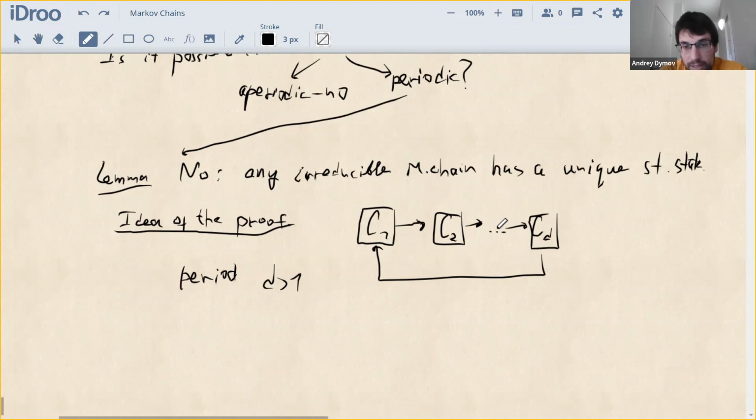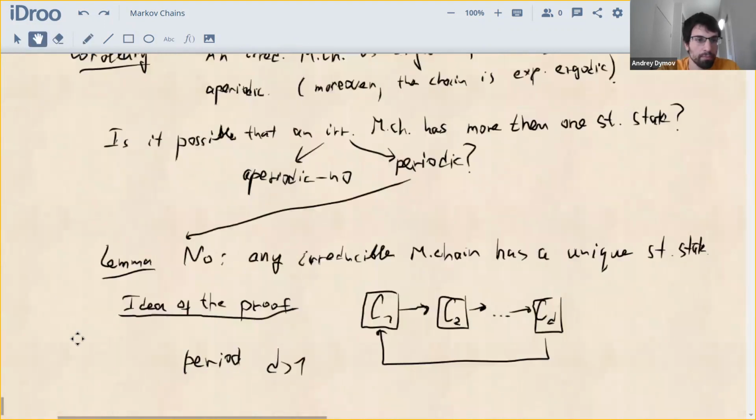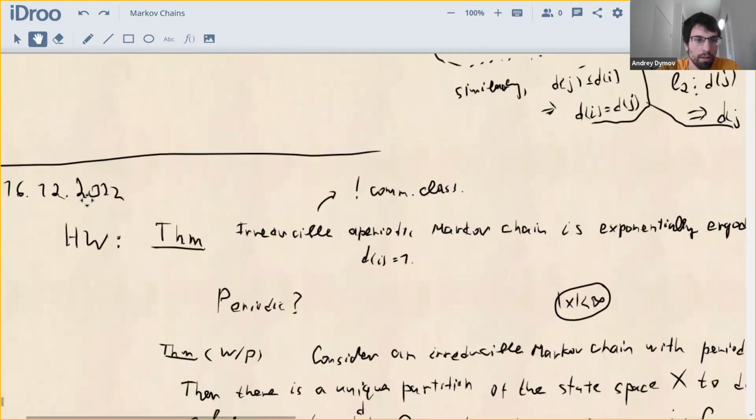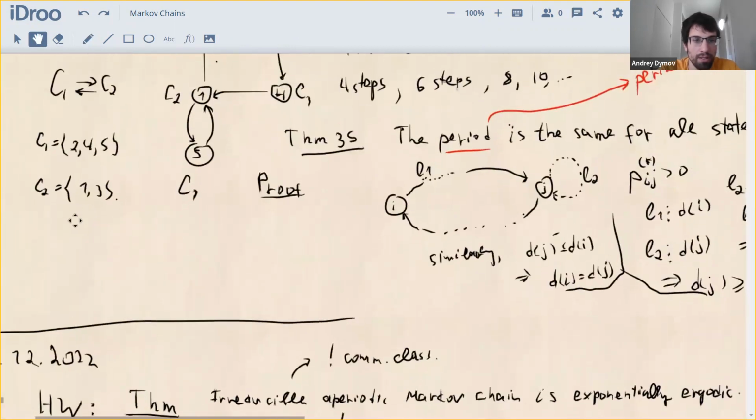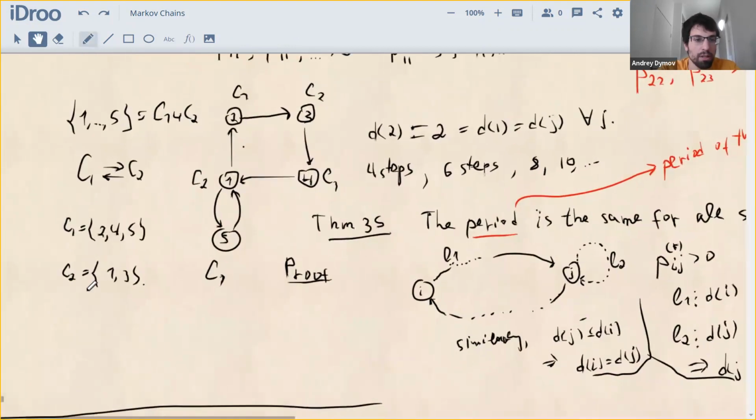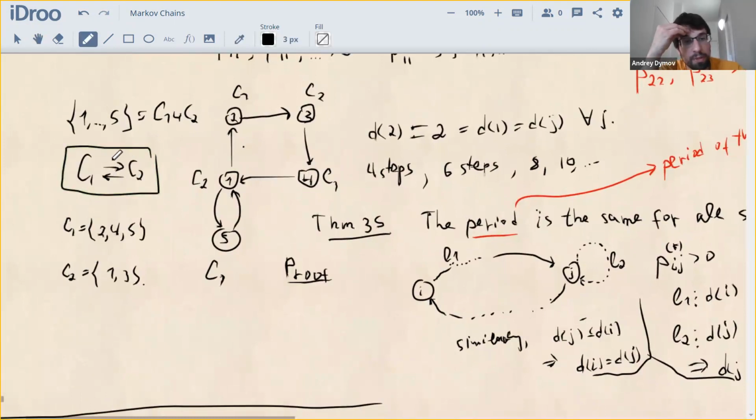In fact, this can be done quite easily. Let us just look at the example above. In this example, I will have the Markov chain like that.